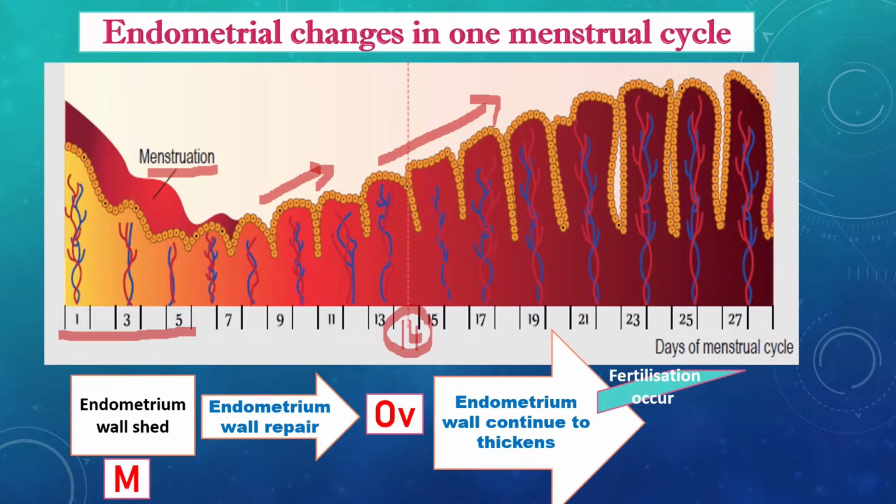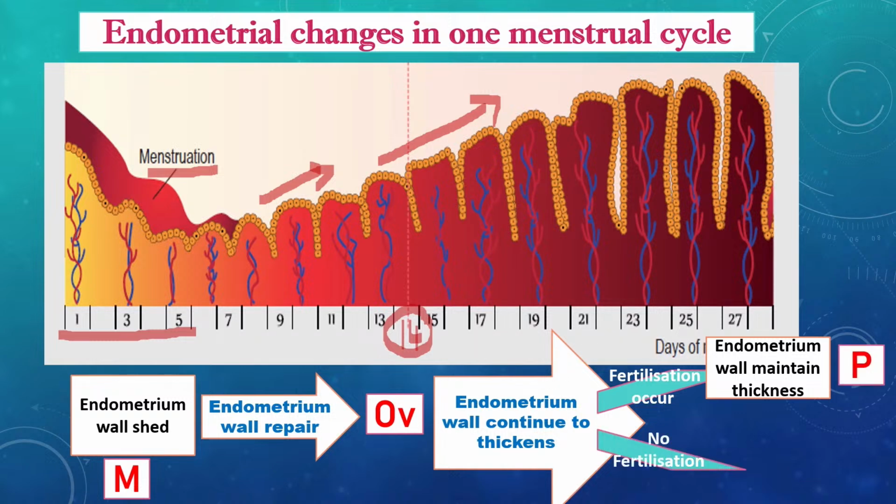If fertilization occurs, the progesterone level will be maintained. Why? We just discussed it in earlier slides, right? If fertilization occurs, the progesterone level will be high because the corpus luteum will continue to maintain its size. When progesterone is high, the endometrial wall will still maintain its thickness because we are preparing for pregnancy.